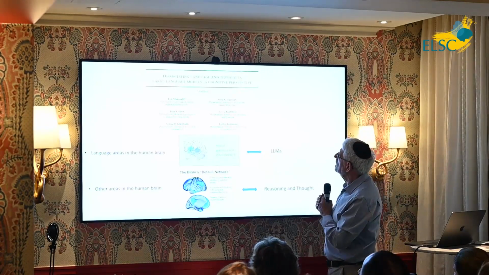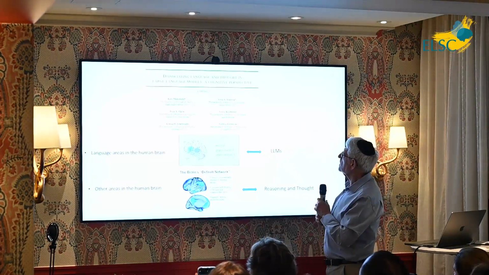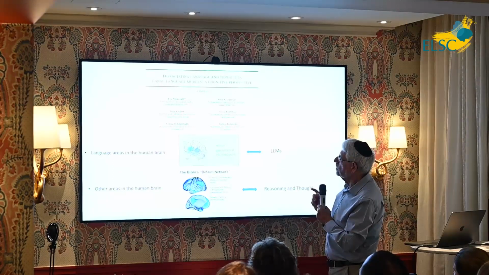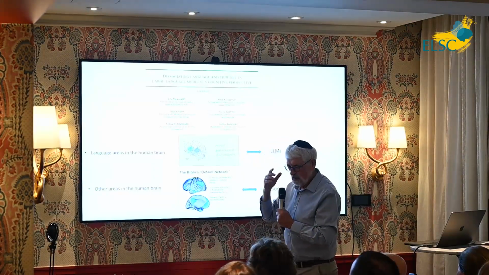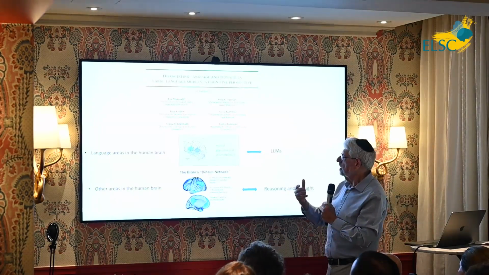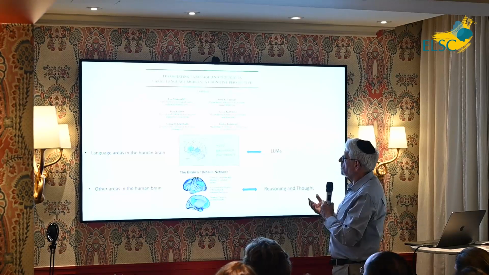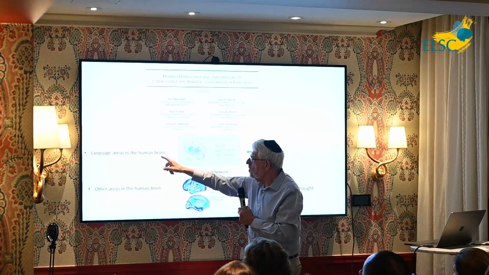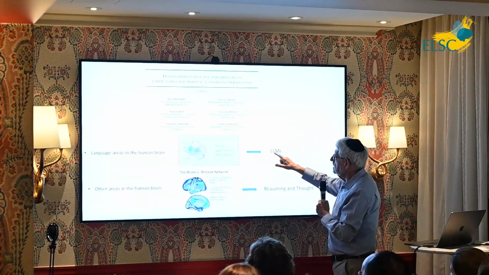Here is an interesting recent preprint, not published yet, about a very well-known cognitive scientist and cognitive neuroscientist who claimed the following: if you compare how language representations of words occur in the brain, using functional MRI measurements of subjects listening to audio stories, you find a very nice matching between how the words are represented in the language areas in the human brain, like Aviv showed us, and the large language model.